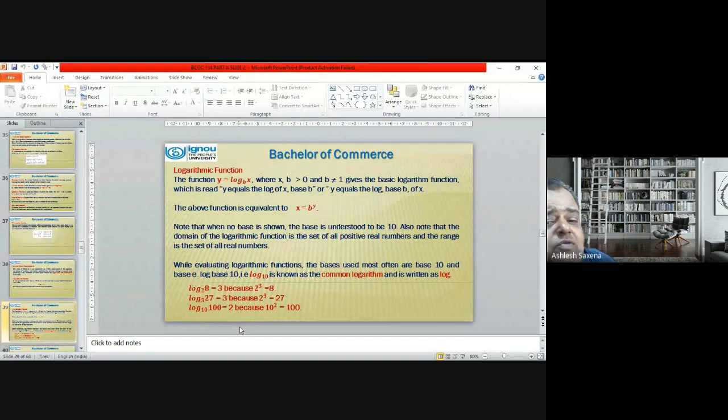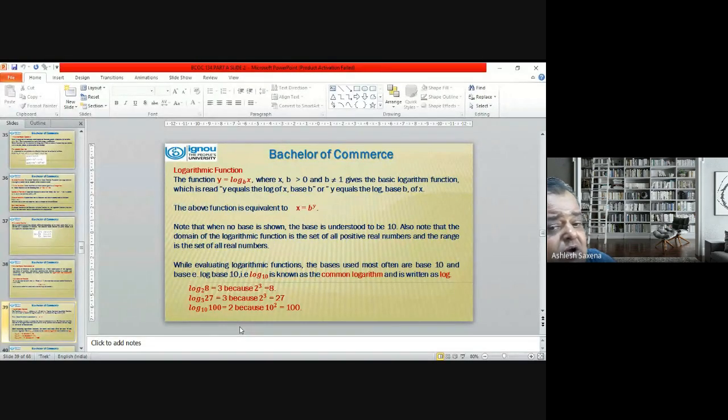Suppose we have to evaluate log base 2 of 8, which is equal to 3. What does this mean? This means 2 raised to the power 3 is equal to 8. See how the transformation is taking place.